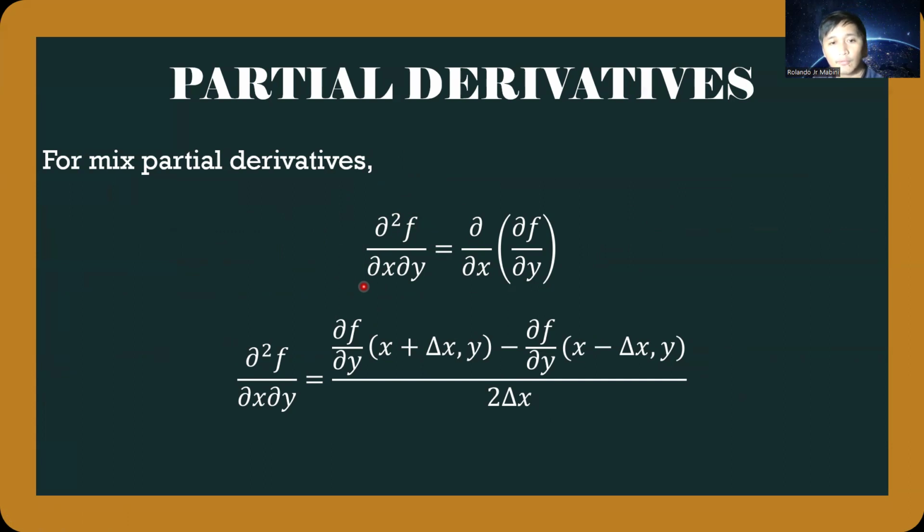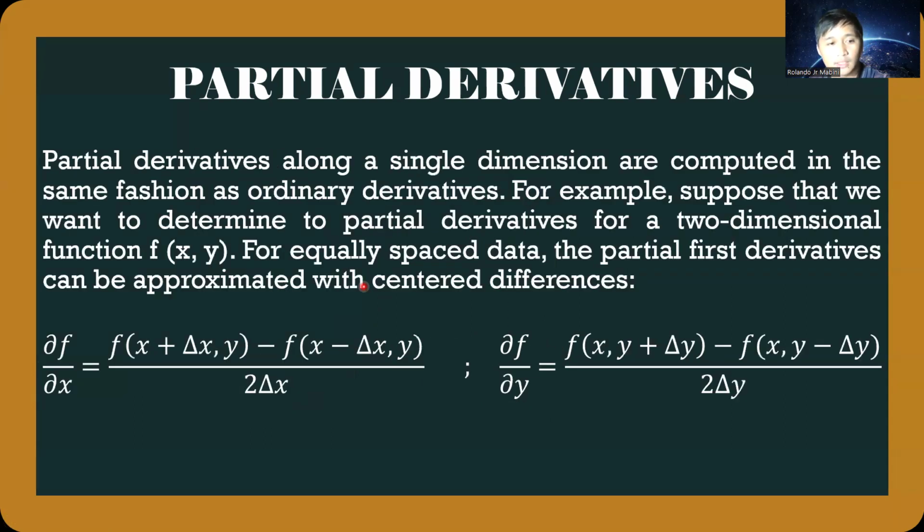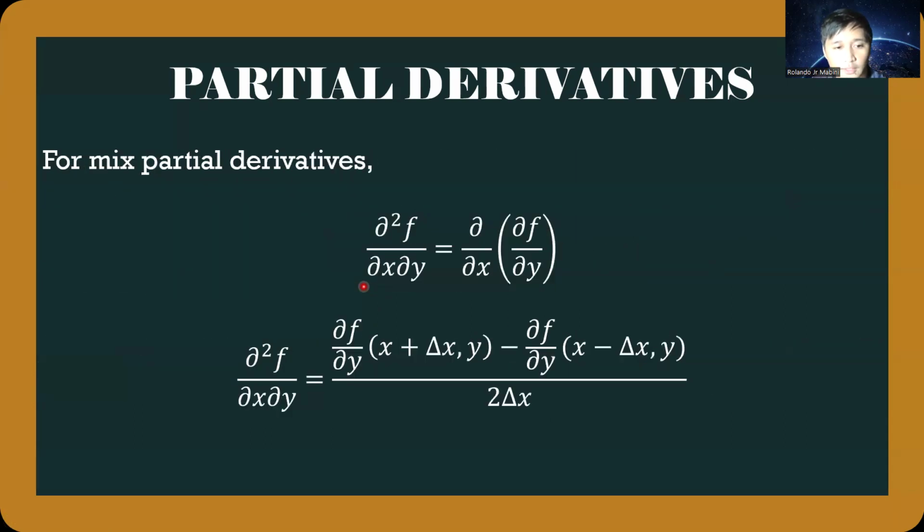And then for the mixed partial derivatives, if this is our center difference equation, then this would lead to this equation: the partial squared of f over partial x times partial y is equal to the partial derivative of f with respect to y of the function at x plus delta x, y, minus the partial derivative of f with respect to y of the function at x minus delta x, y, all over 2 delta x.